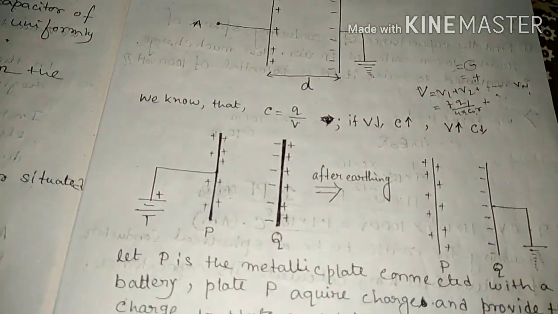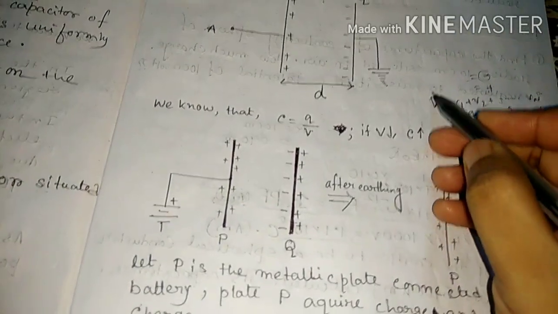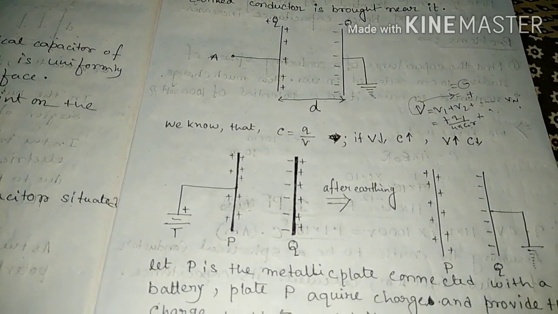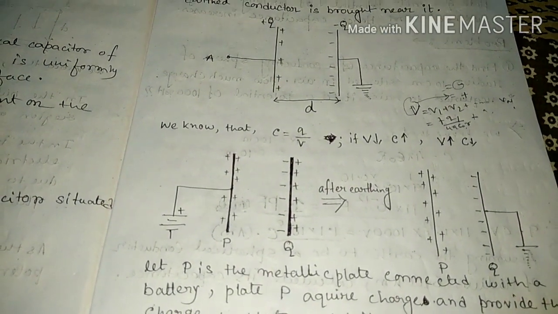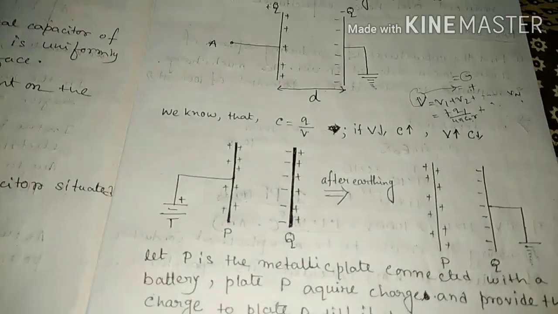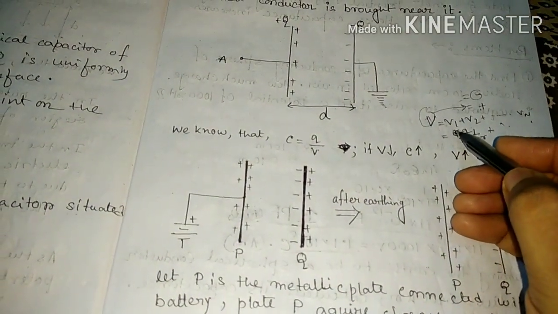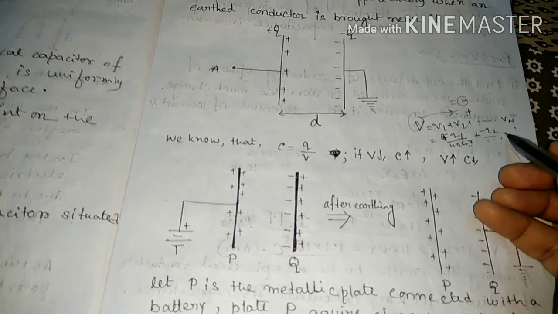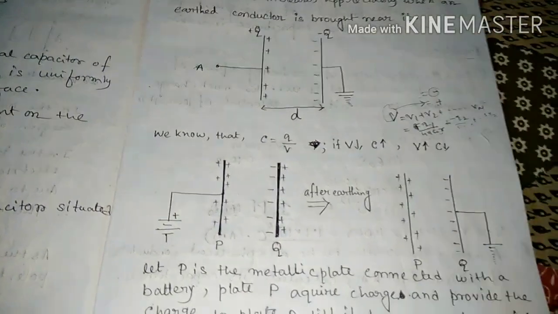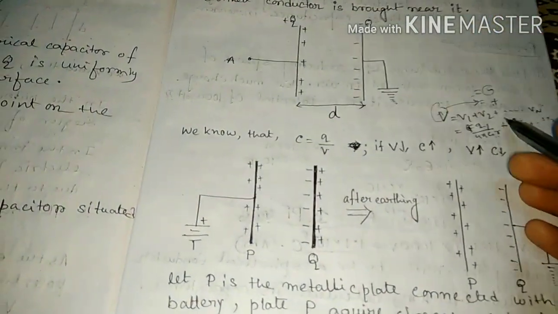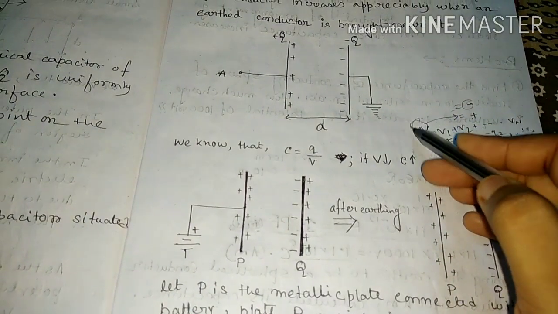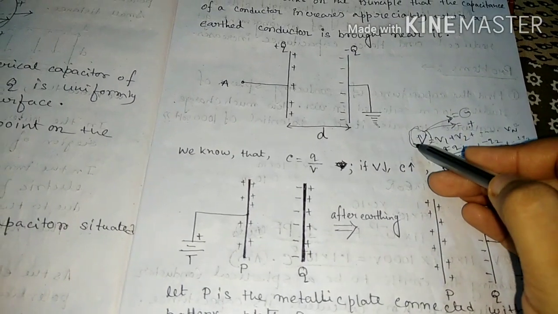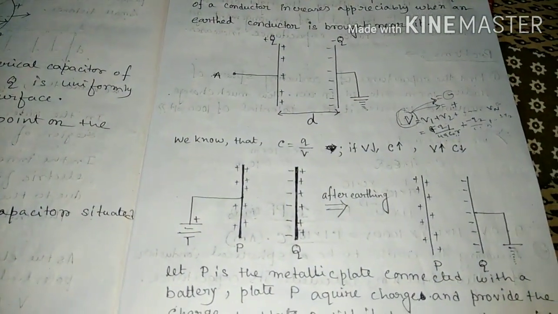After addition, due to the positive charge, the net potential will be positive, that means it will increase. But if the charge is negative, we write negative Q1 by 4 pi epsilon naught R, negative Q2 by 4 pi epsilon naught R, plus up to negative Qn by 4 pi epsilon naught R. After addition, the ultimate value will come with a negative sign. Negative means the net potential will decrease.